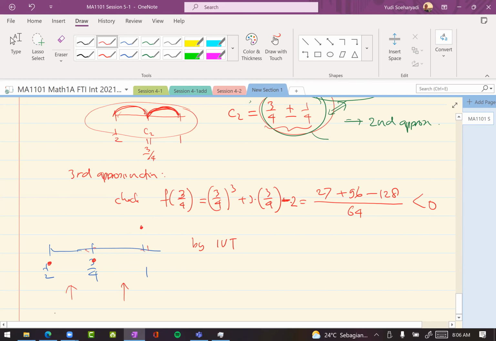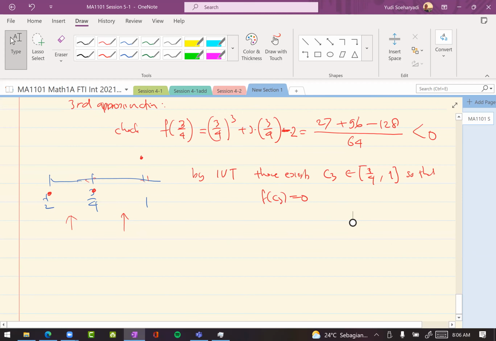If you have the same sign, it may cross the x-axis, but you cannot be sure about that. So by IVT, there exists c3 between them such that f(c3) is 0.